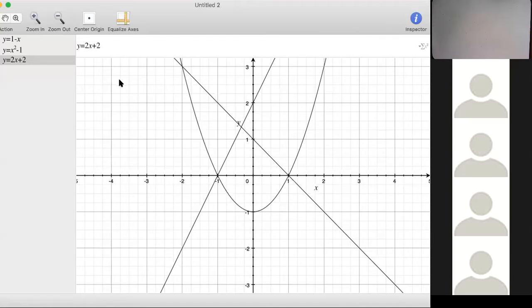The 3 equations that I used here: I have the line y equals 1 minus x, I have the line y equals 2x plus 2, and I have the parabola y equals x squared minus 1.